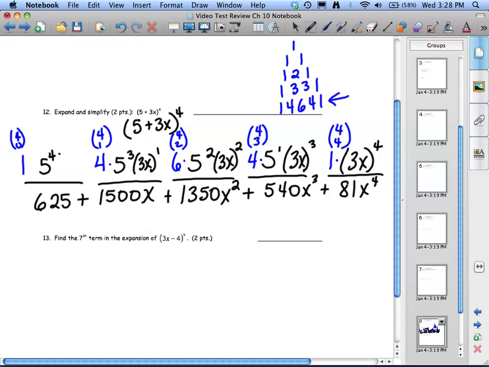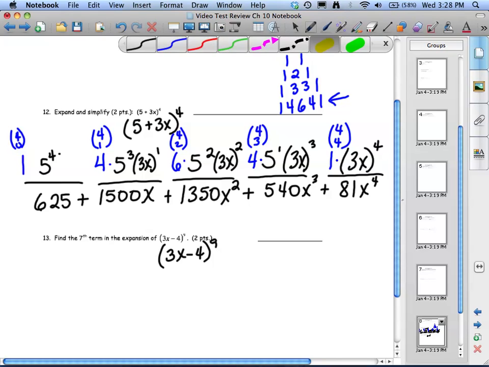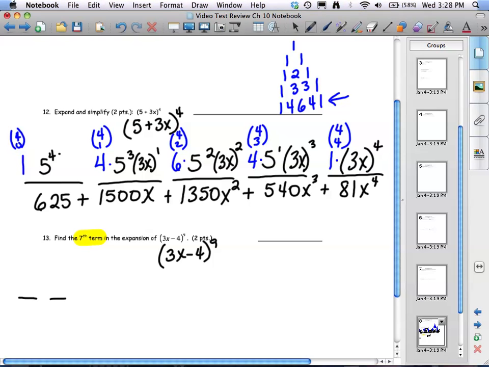Now, this next problem says (3x minus 4) to the 9th. And it asks me to find the 7th term. I go ahead and do my blanks. Since it's to the 9th, I will need 10 blanks.